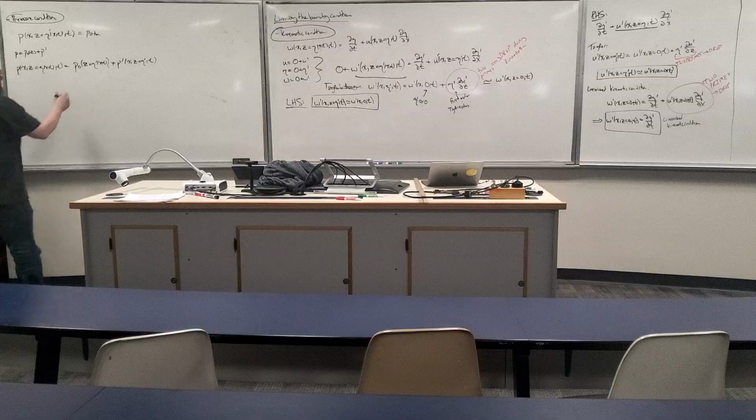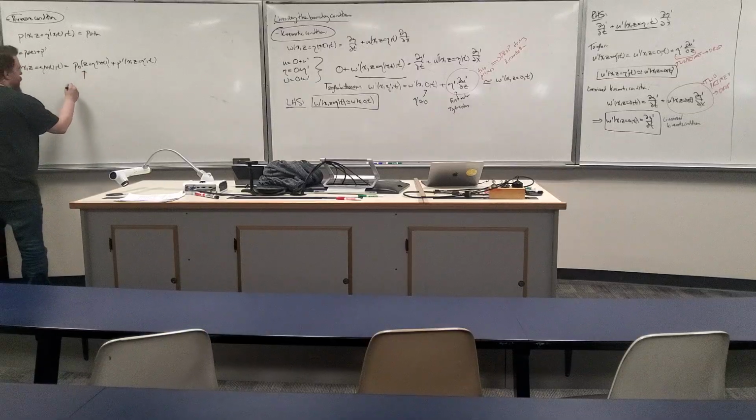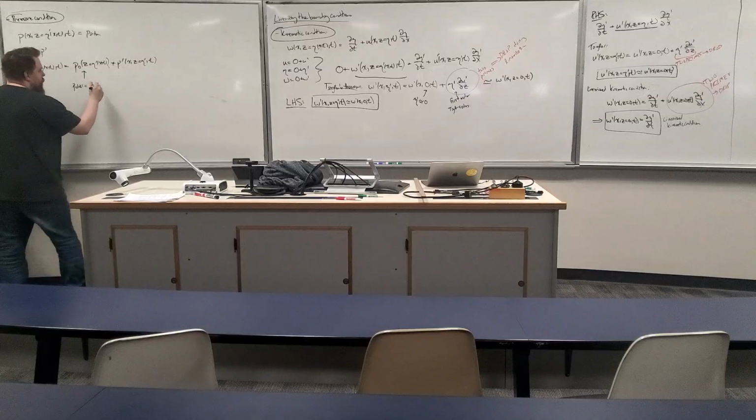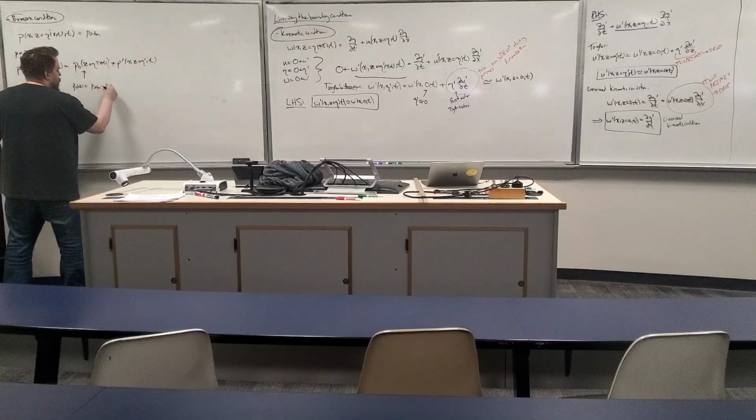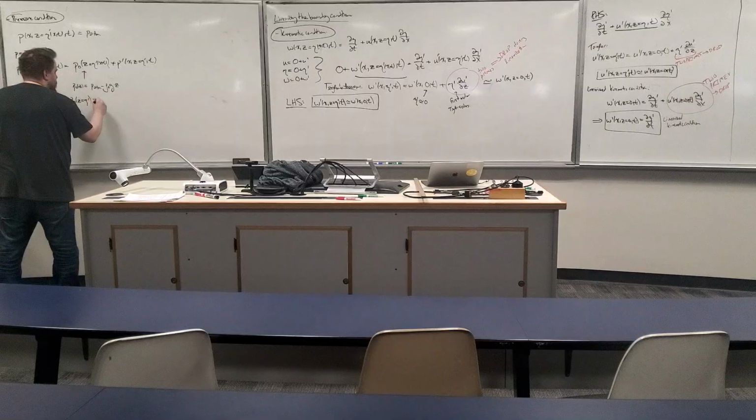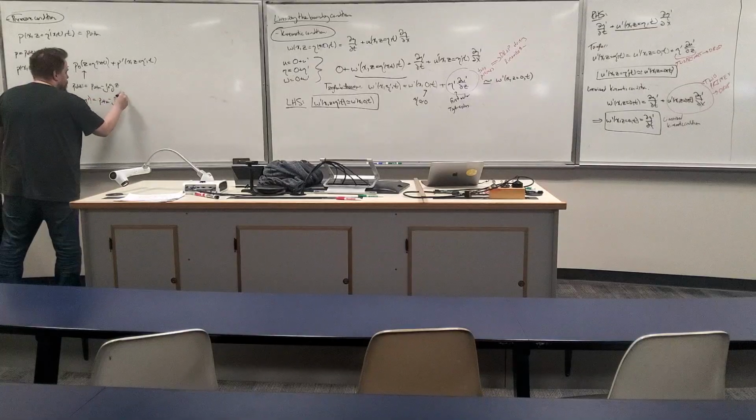So p naught is a known formula: p naught of z is equal to p atmospheric minus rho naught g z. What that means is that p naught of z equals eta prime is equal to p atmospheric minus rho naught g eta prime.